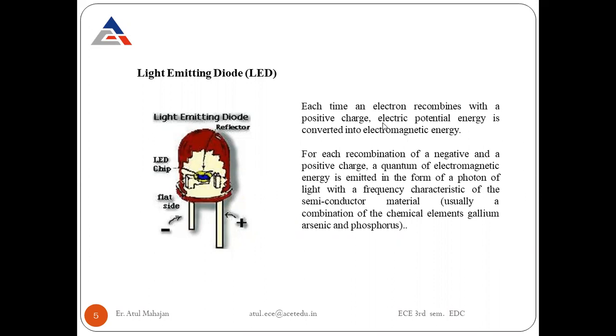It is emitted in the form of a photon of light with the frequency characteristic of the semiconductor material. So that is basically a light particle emitted whenever there is a recombination of electrons and holes. That is what is actually happening in an LED's operation.